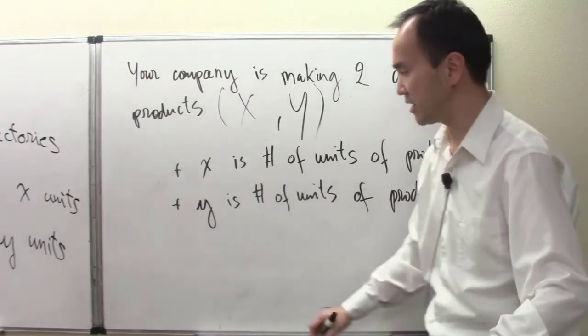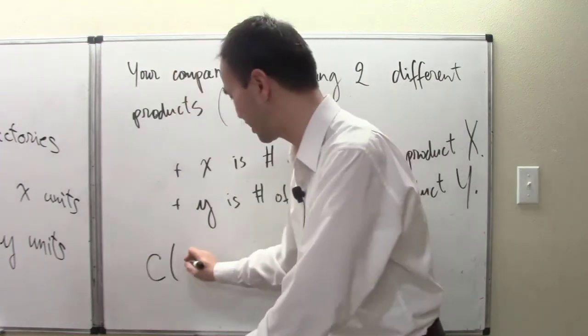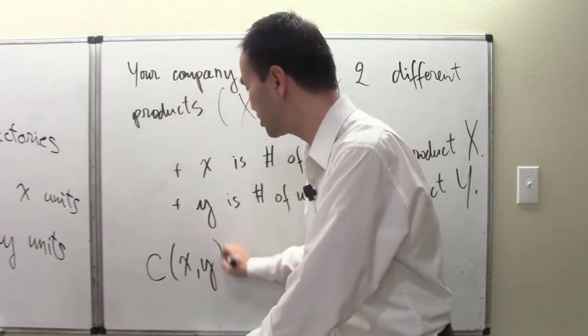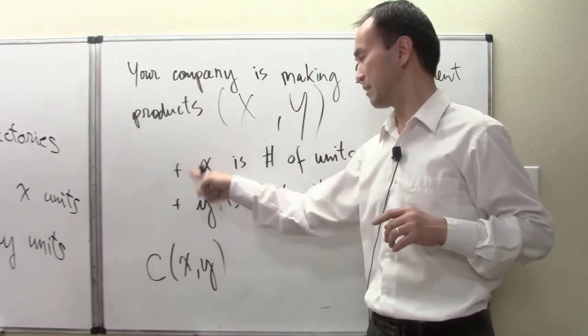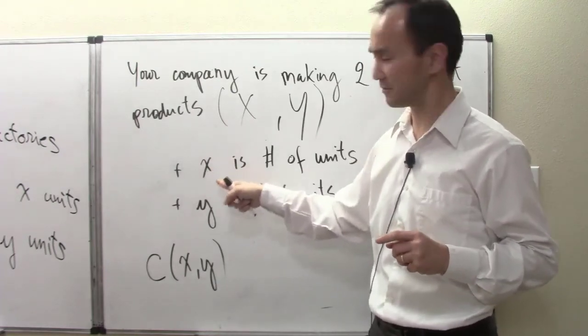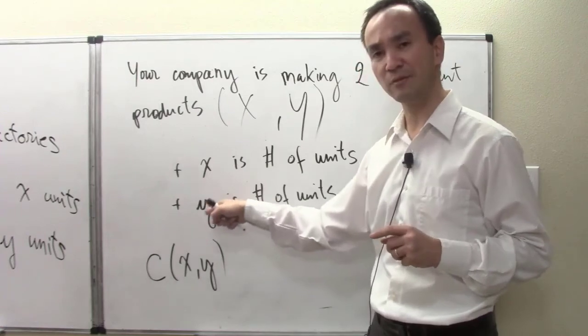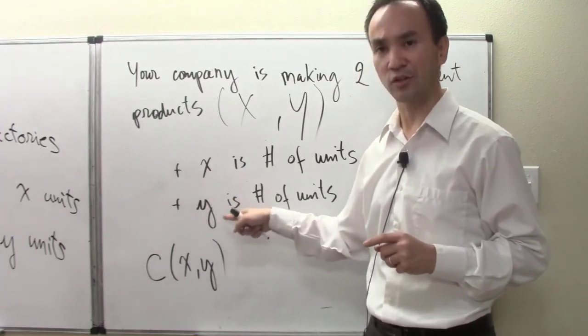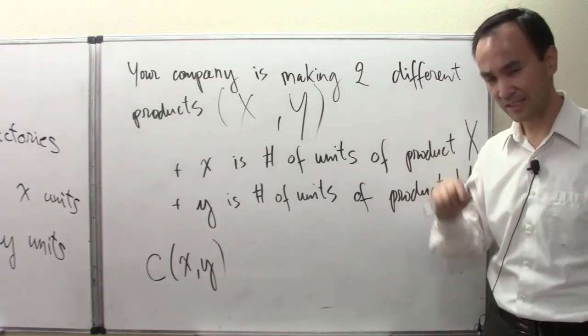Okay, and so yes, you can also determine the total cost or the joint cost right here as a function that depends on these 2 variables: how many stuffed bunnies your company made, together with how many stuffed giraffes your company made, product X and product Y right there. That's how it's done.